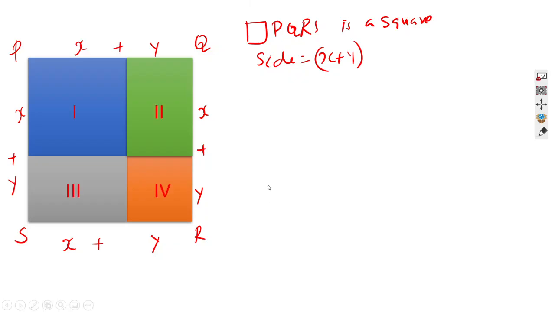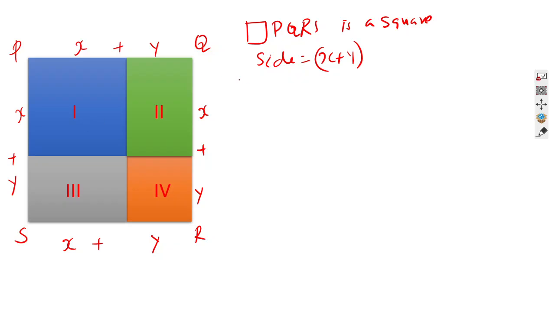These are the 4 rectangles in that. 1, 2, 3, 4 within PQRS. And we know that the sum of these 4 rectangles will be the area of the given square. So we will try to find out the area of the square PQRS by adding the area of rectangle 1, 2, 3, 4. That is the next task we are going to do.